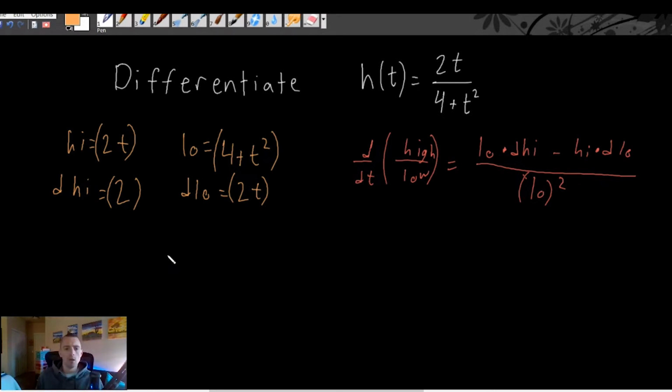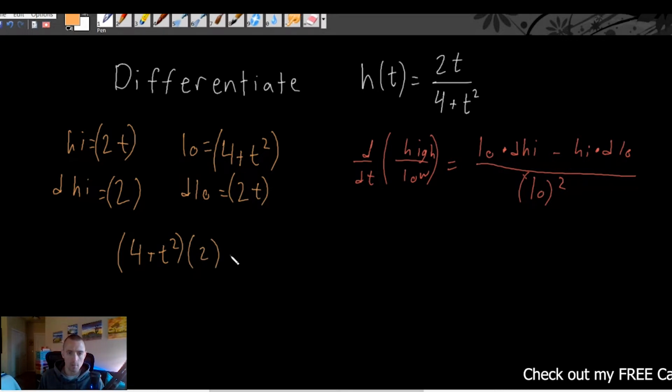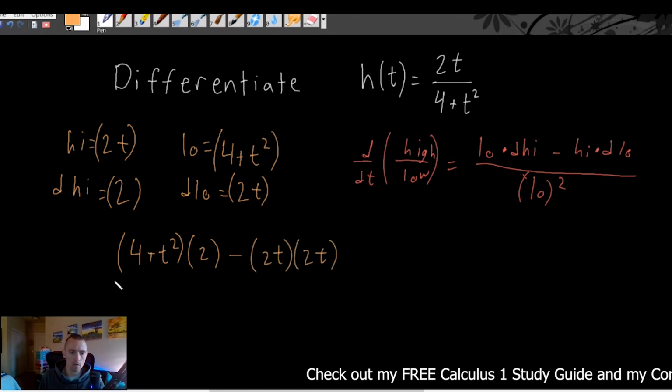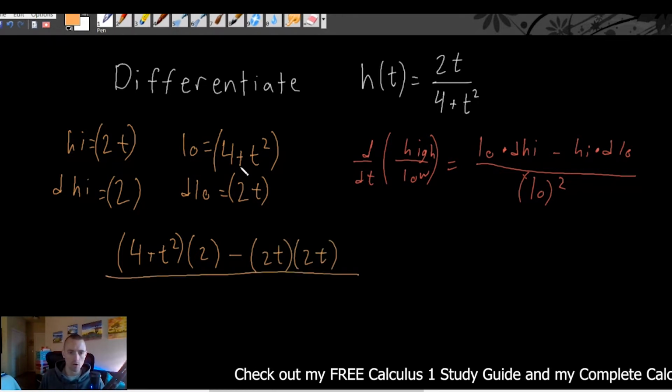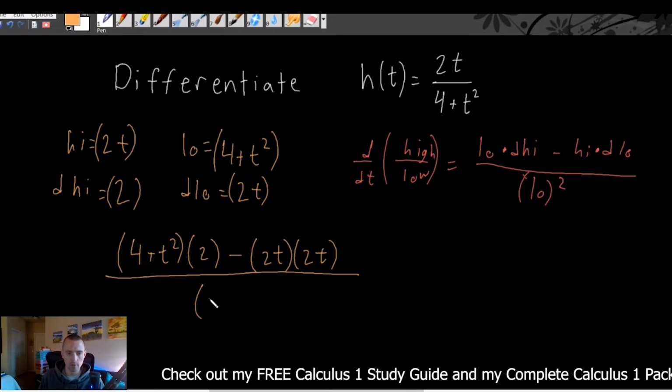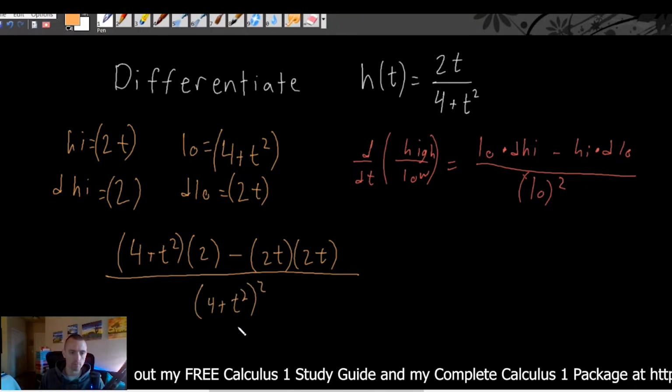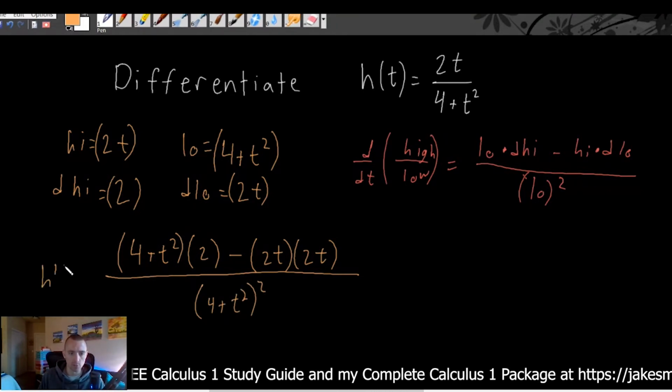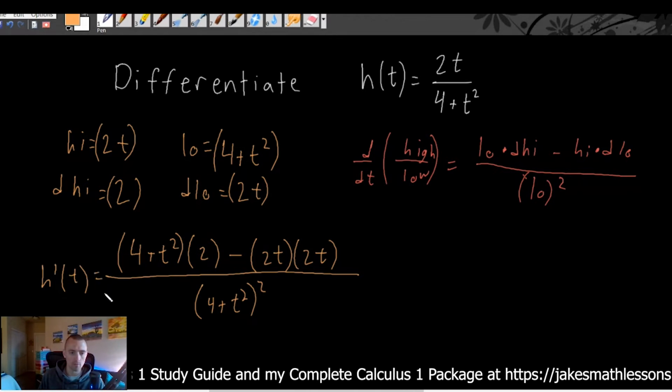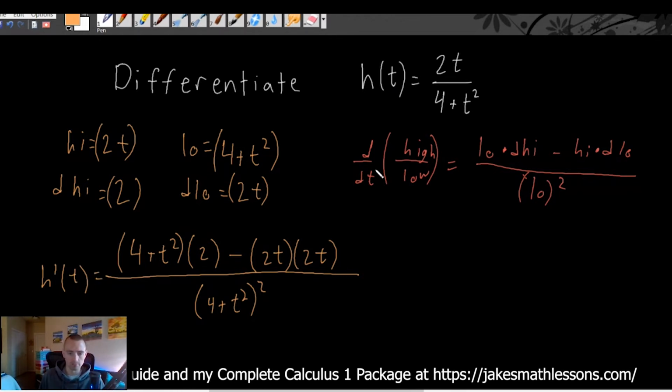So low d high gives us 4 plus t squared in parentheses times d high, 2, minus high d low, so minus 2t times 2t, all over low squared, so all over 4 plus t squared squared. This is h prime of t now, because we started with h of t.